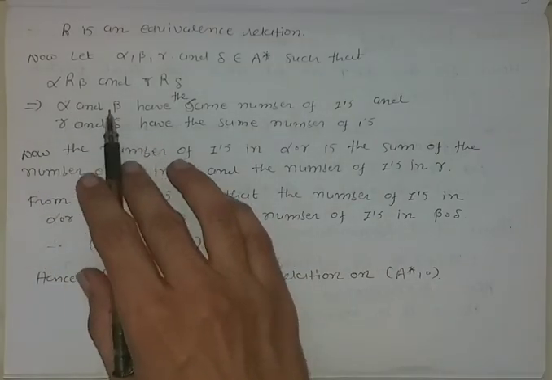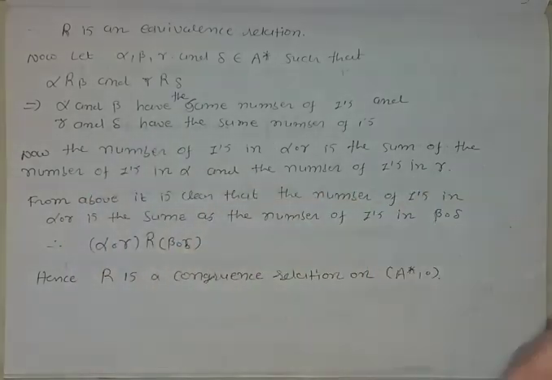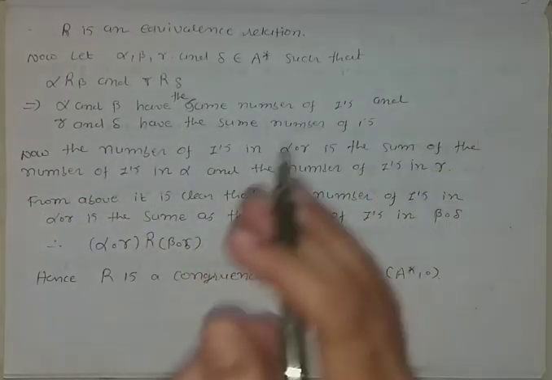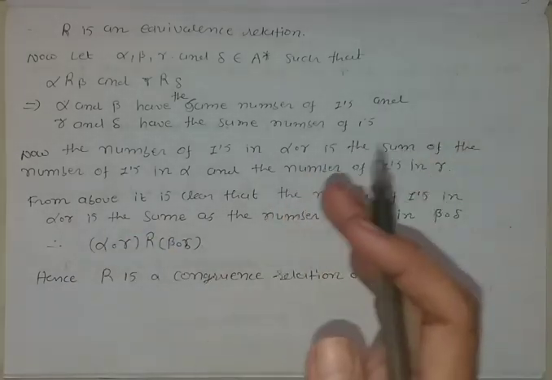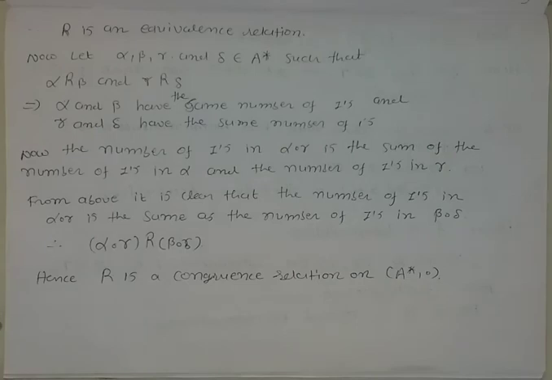Now what is our binary operation? Binary operation is catenation. What is the catenation? We combine two finite sequences.